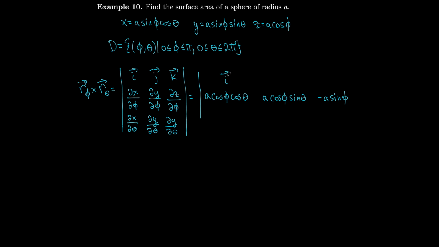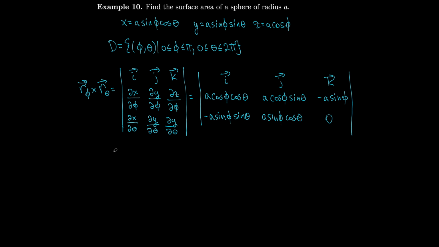And now I'll put my i's and j's and k. Okay, so now I'll have minus a sine phi, sine theta for all of the partials now with respect to theta. So then a sine phi, cosine theta, and 0. Because notice there's no thetas in there.